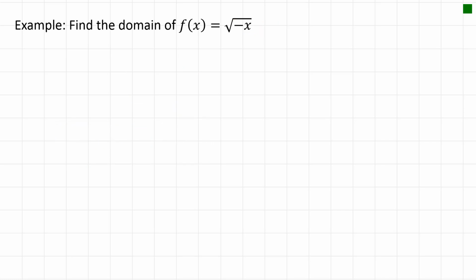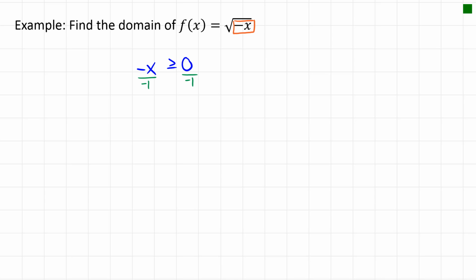If we want to find the domain of f of x equals the square root of negative x, we're going to do the same thing. This whole expression that's under the radical, negative x, has to be greater than or equal to 0. Again, we need it to say x is something, not negative x is something. So we have to get rid of that negative in front of the x. And the way we do that is we'll divide each side by negative 1.